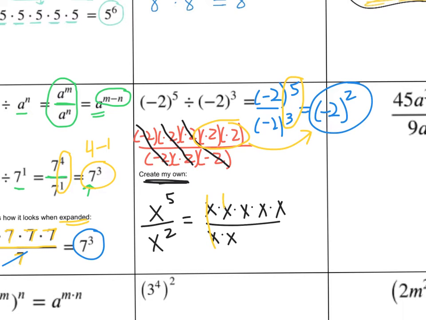Then I could cancel these out, since x divided by x would be 1. And look at what we're left with: x to the 3rd. The shortcut: keep the base, subtract the exponents. Okay, so create your own there if you want to do variables like I did, or come up with another base.